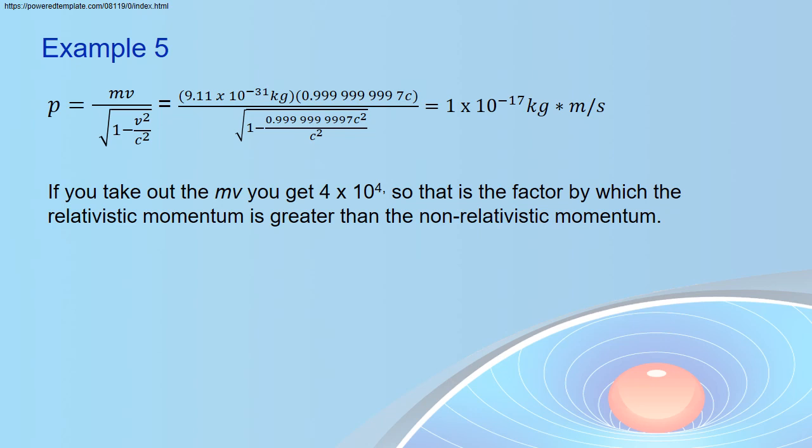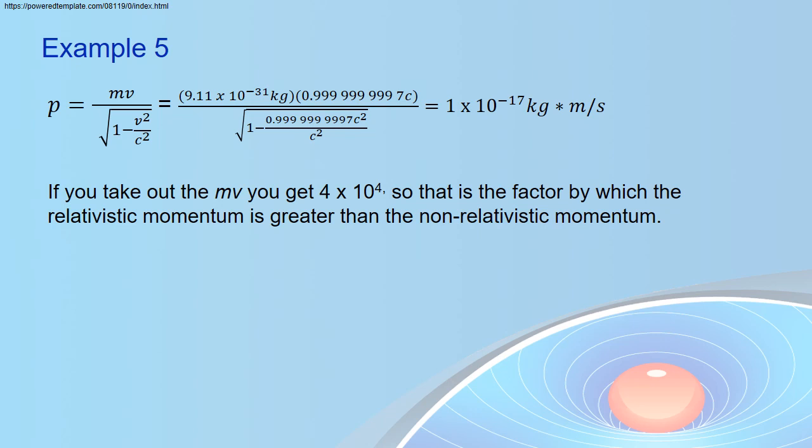If I take out the mv, the factor by which the relativistic momentum is greater than the momentum without it is 4 times 10 to the 4th. That's 40,000 times bigger.